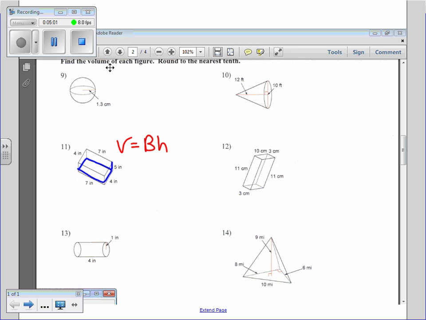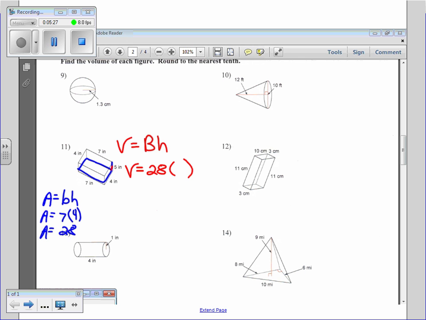So when I look at that rectangle, that is a rectangle, so the area formula is just going to be the base times the height. My area is going to be 7 times 4. So my area is going to be 28. So I will plug that number into now this formula. So my volume is going to be 28 times whatever my height is.